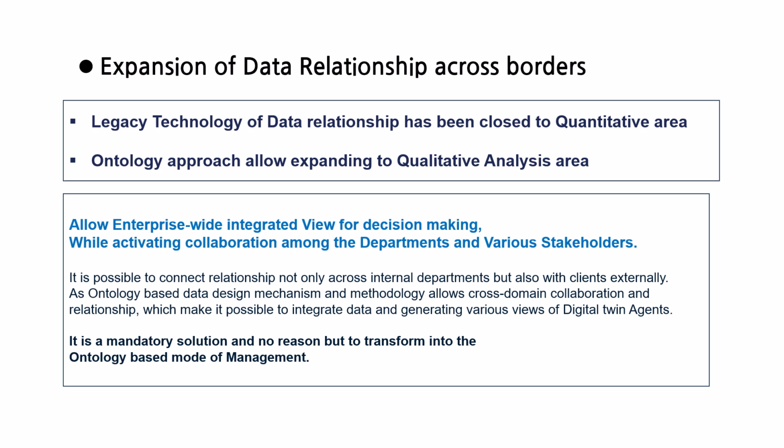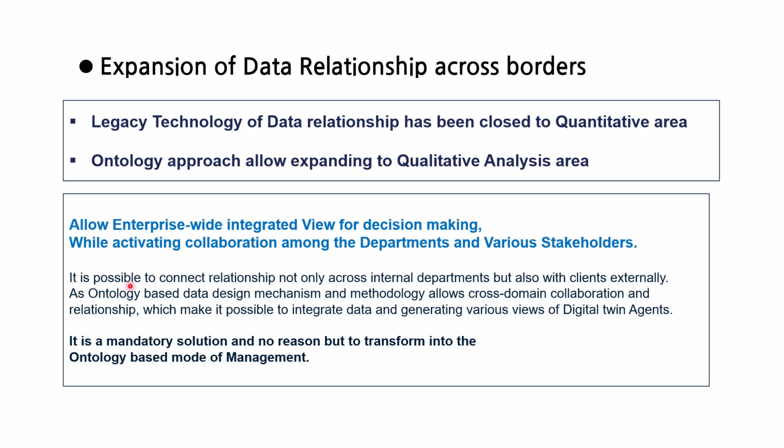And actually, the ontology way of design allows expansion of data relationships across borders. Legacy technology of data relationship has been closed to the quantitative area, but the ontology approach allows expanding the relationship to the qualitative analysis area. So it allows an enterprise-wide integrated view for decision-making across departments and across partners and clients.